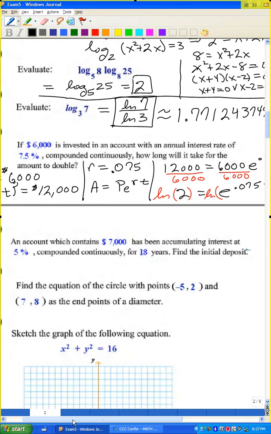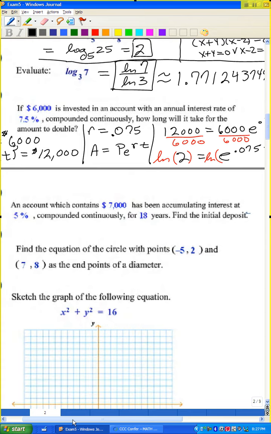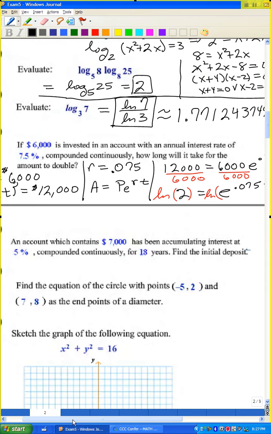I'll say that. An account which deposits $7,000 has been accumulating interest at 5% continuously compounded for 18 years. Find the initial deposit. Okay, maybe I'll start up here.